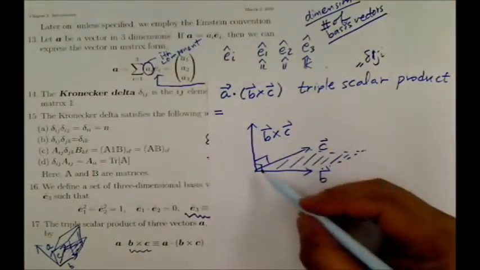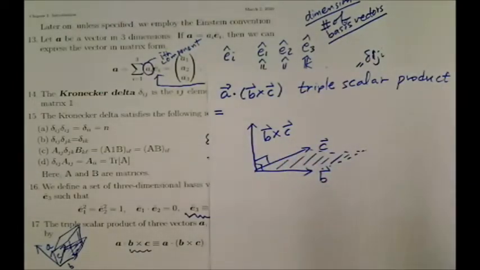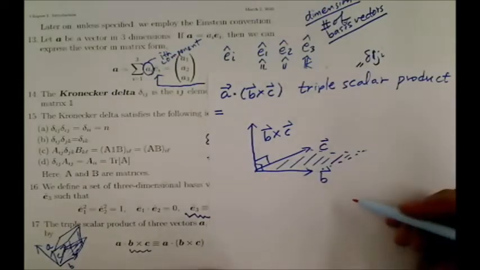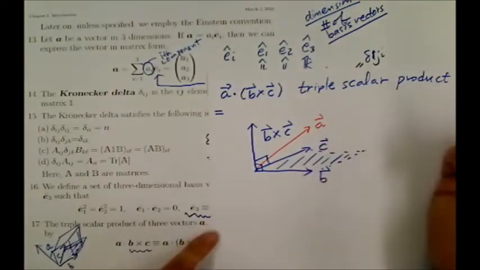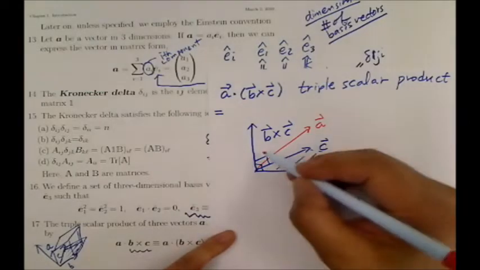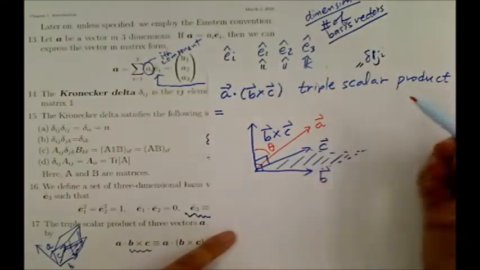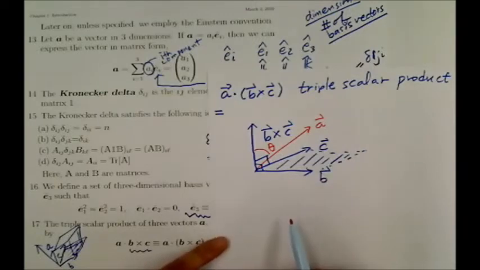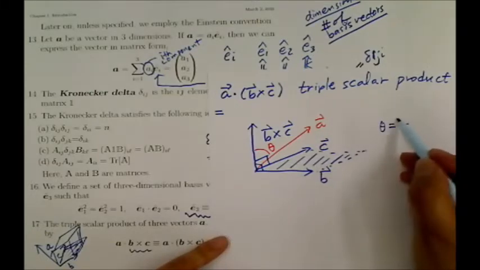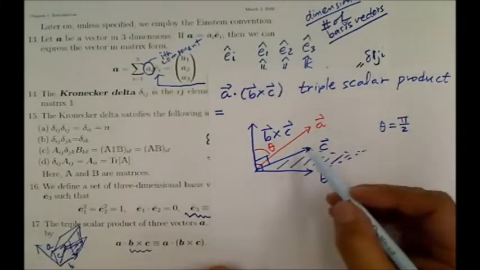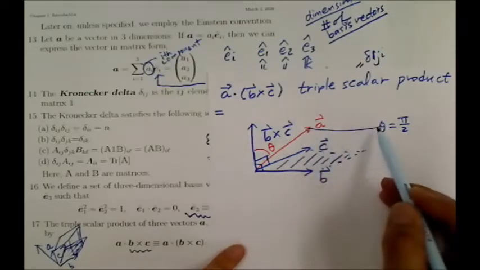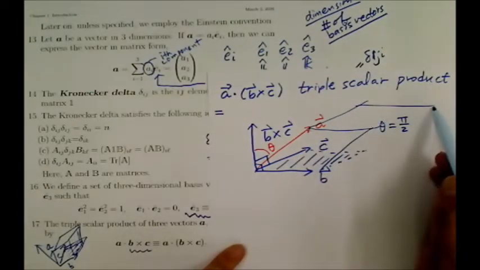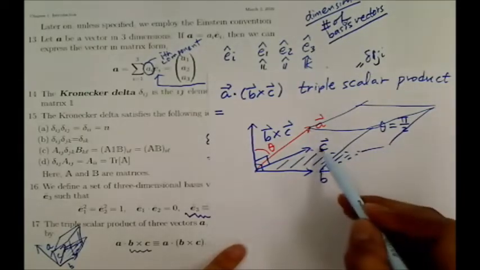If I introduce a vector A, it does not have to be perpendicular to the plane. In general, it should be something like that. And there should be some angle theta between A and B cross C. If theta equals half a pi, then the volume generated by these three vectors is actually a parallelepiped, something like that.